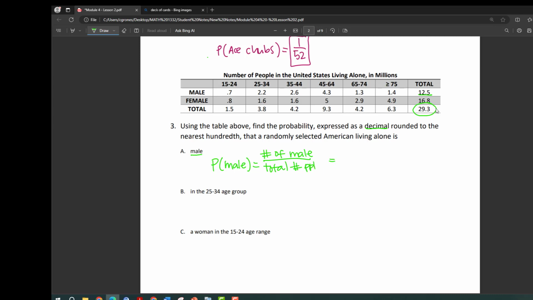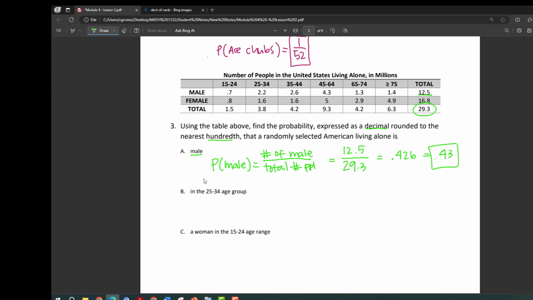The 29.3 is going to be our denominator for every single problem because this is our total number. So we do the number of males, which is 12.5, divided by 29.3. You can put this in your calculator and you should get 0.426, which rounds to 0.43 because they want it rounded to the nearest hundredth, which is 2 decimal places.